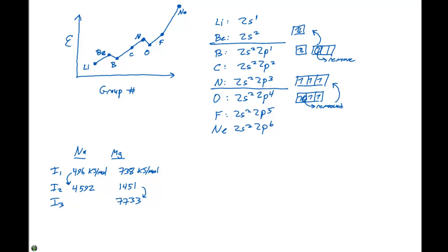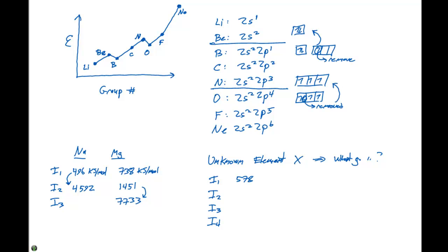So let's say we have an unknown element that we're going to refer to as X. The question is, what group is element X going to be a part of? Let's look at its ionization energies. We're given values for the first 4 ionization energies.